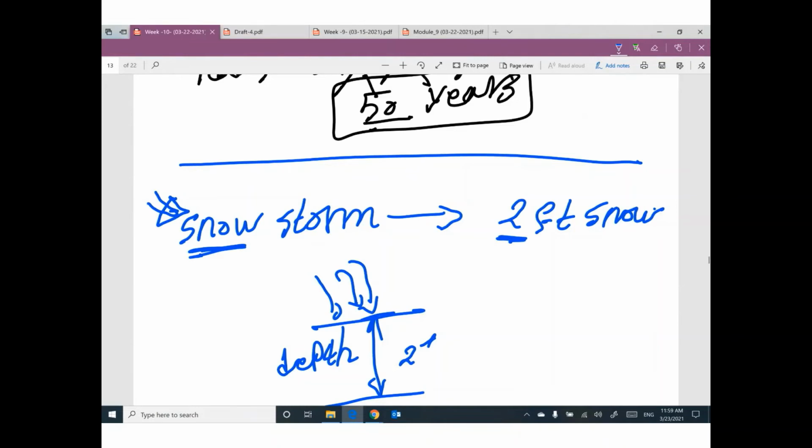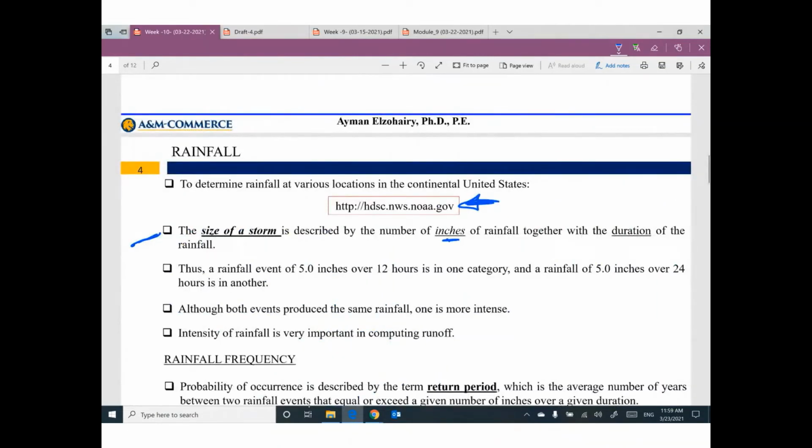Also, for rainfall, we can express the size of the rainfall by how many inches will be collected from the rainfall. And also, what is the duration of the rainfall? 1 hour, 2 hours, 3 hours, or whatever.